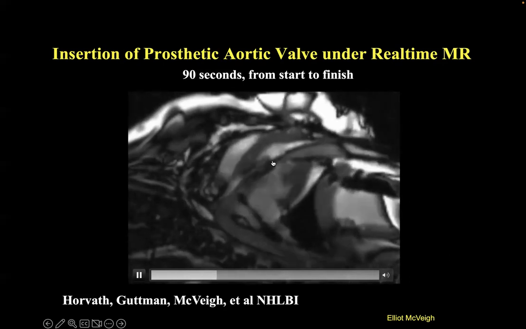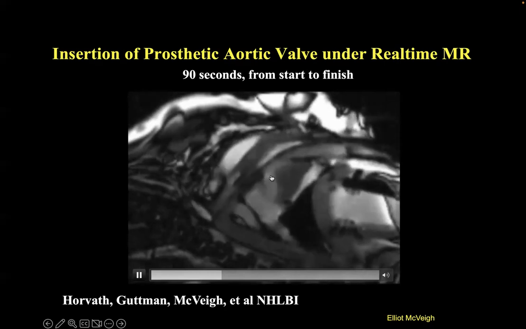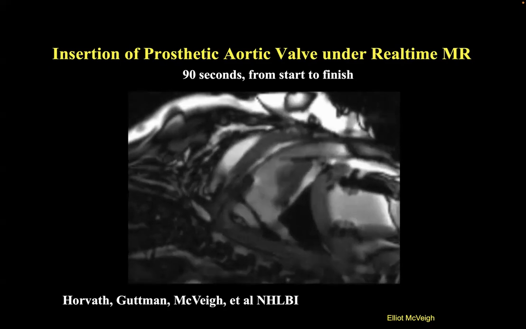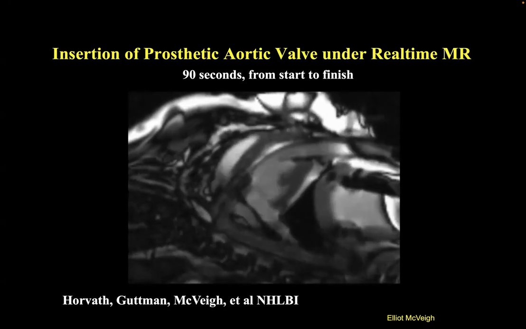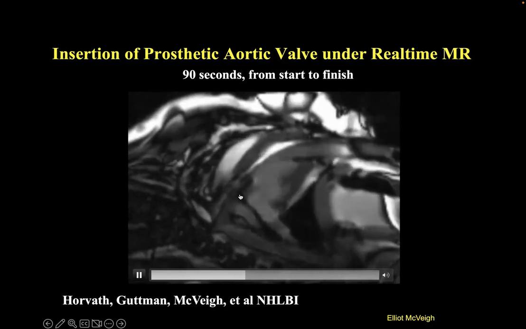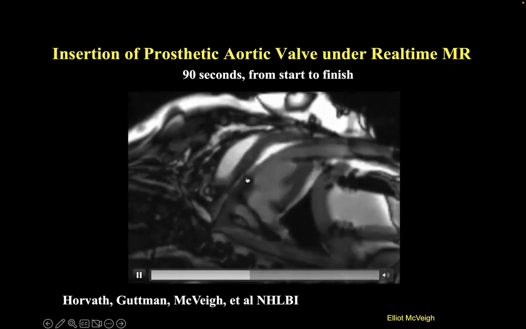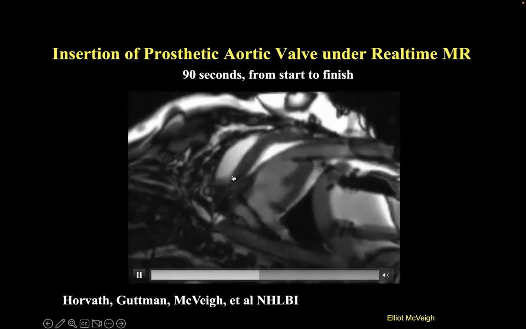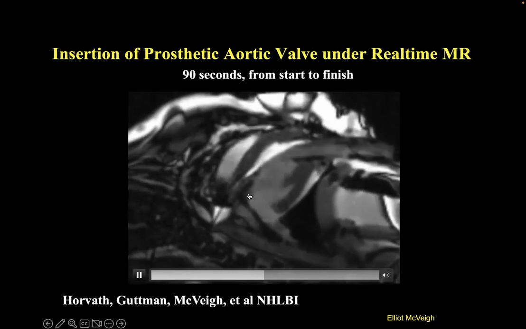This object coming in here is actually an aortic valve, and it's one we made. It's like a TAVR valve, but homemade, before TAVR was a thing. We wrapped this valve around a balloon and then inflated the balloon, and you'll see the inflation come up and push the valve against the aortic root.